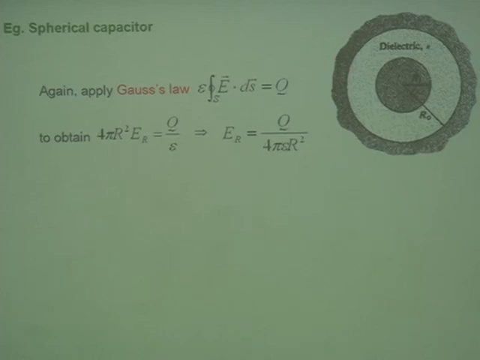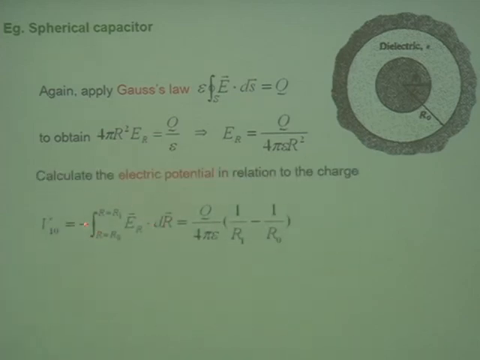Now you calculate the voltage, and that's something you are familiar with, right? Just put a minus sign here, and you integrate the electric field over the radius from the first location to the second location, and then you have this expression. This is a very quick calculation because here you have charge, you have voltage.